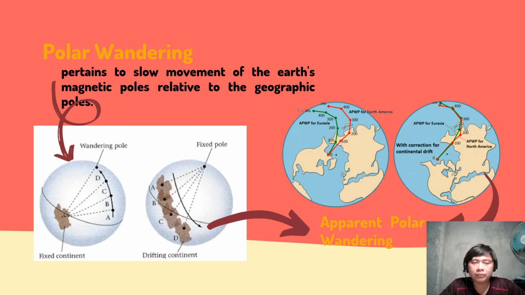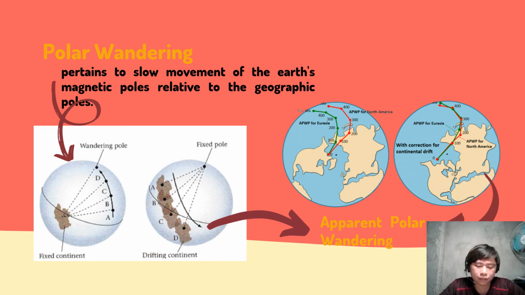However, we know now that the magnetic data defined movement of the continents and not the magnetic poles. So we call it apparent polar wandering, wherein it is the continent that moves and not the magnetic poles.